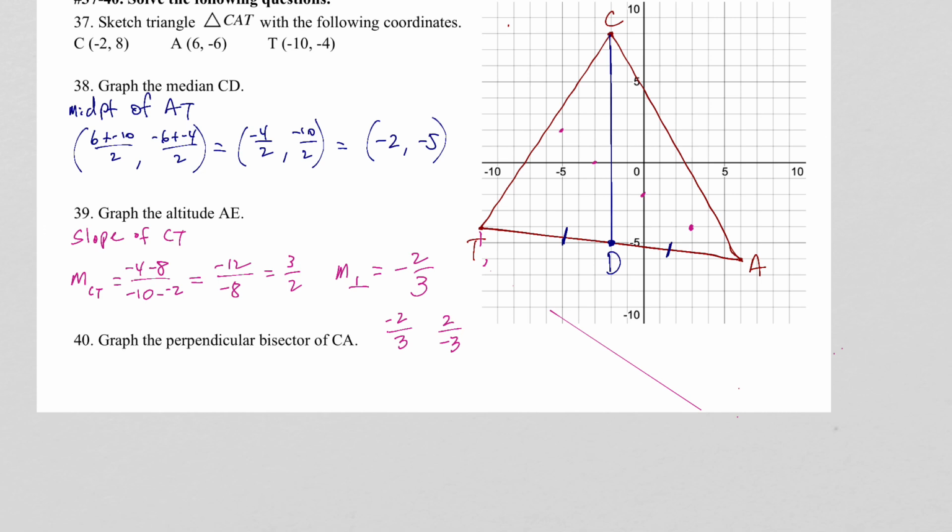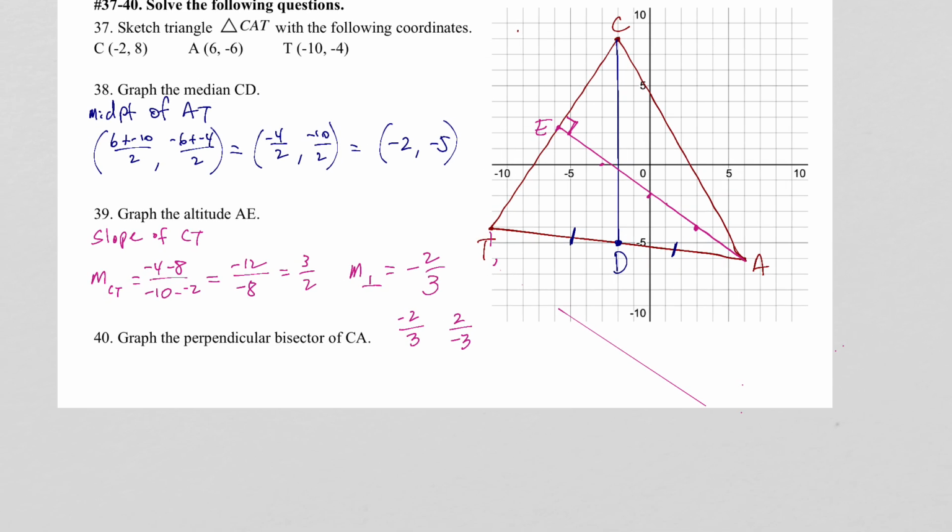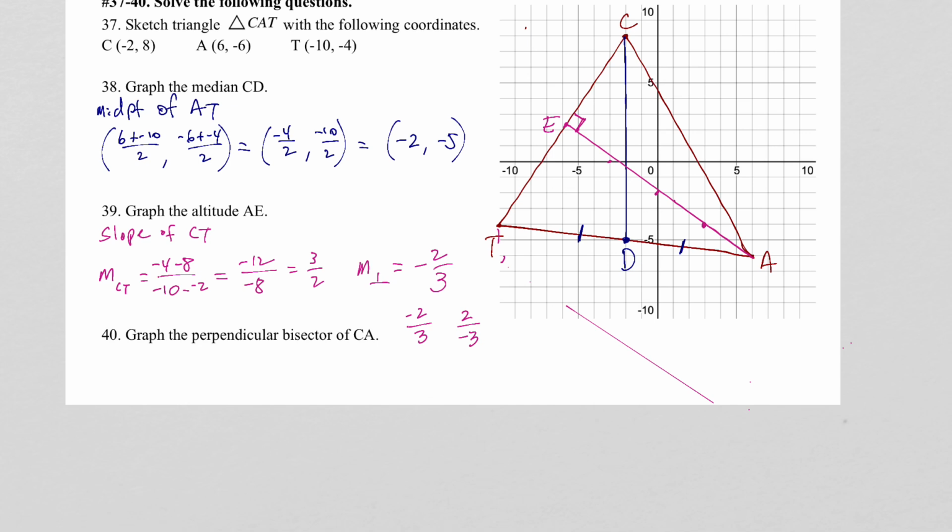Oh God, it's hard to draw on this screen. And then I need to show that this is a right angle by doing that. And I need to call this point E, because this is AE. Let me make that a little smaller.